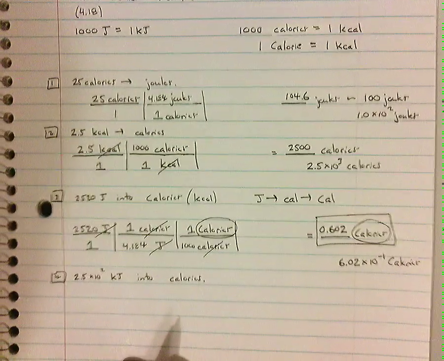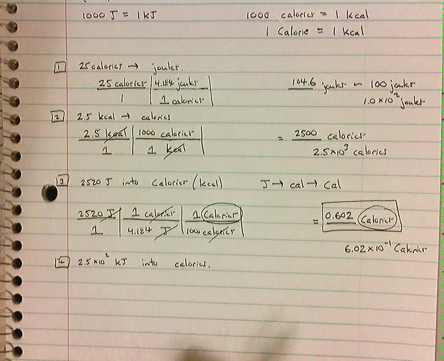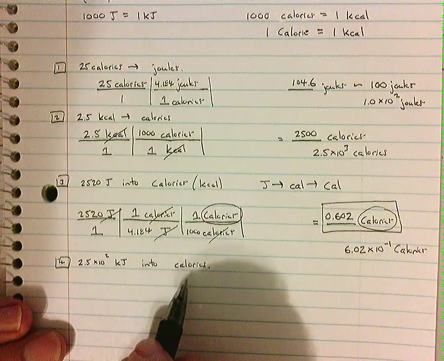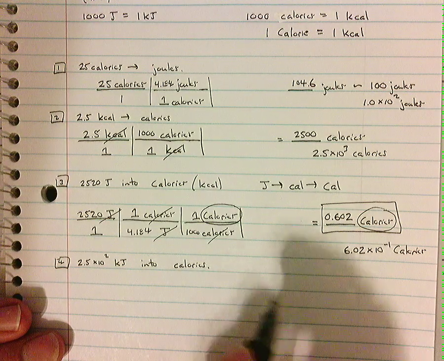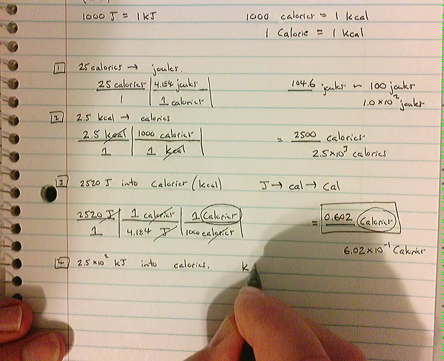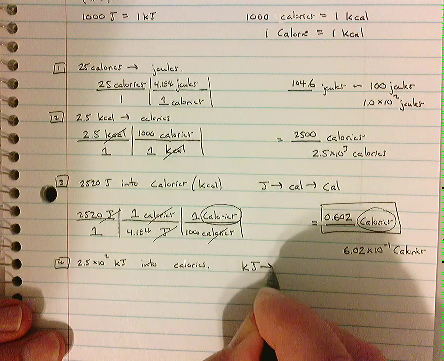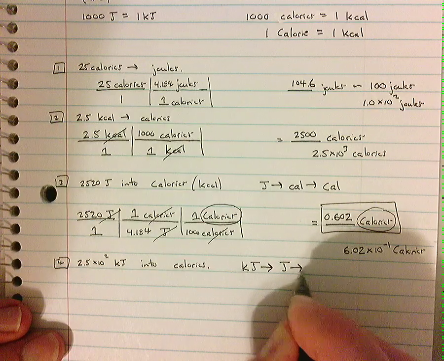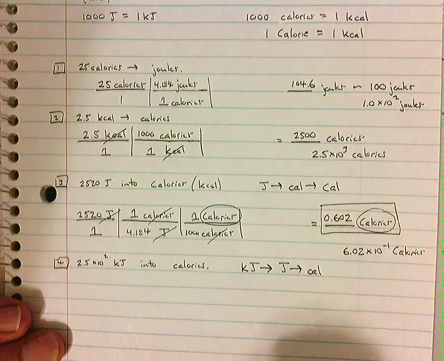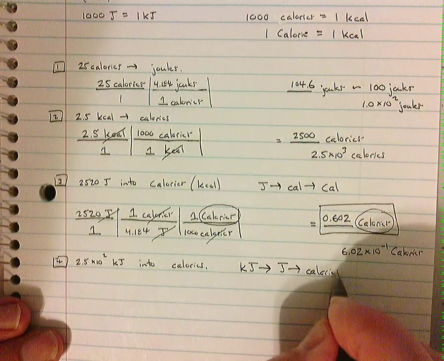One more 2-step problem to finish it up. We have 2.5 kilojoules into lowercase calories. Again, we're going to put our method right here. So we're going to go from kilojoules, and we're going to first convert that into joules. And then once we have joules, we're going to go into lowercase calories.